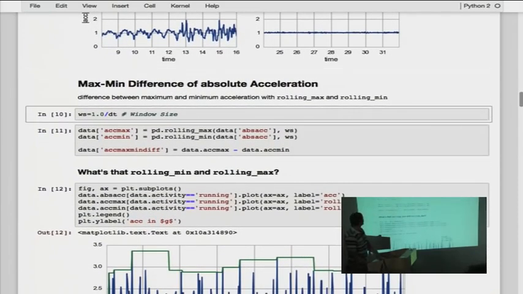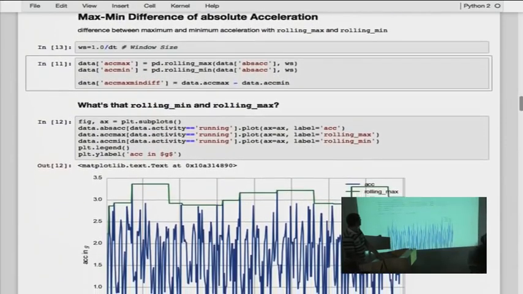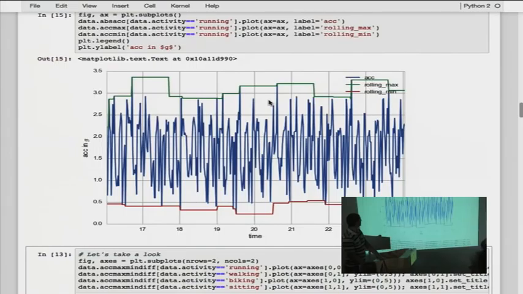So we calculate the difference of max minus min with rolling max and rolling min. It's Pandas, I'm using Pandas most of the time. So rolling max minus rolling min of the absolute acceleration.